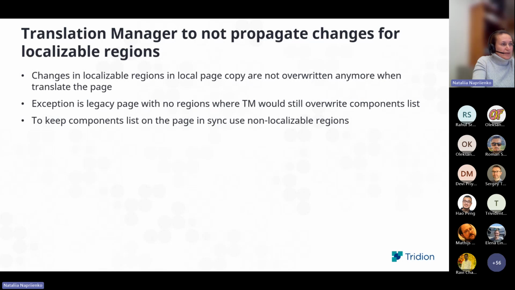If you send such a page for translation, the list will not be changed, so it will not be overwritten with the parent list of items. We made one exception: if it's a legacy page, which is not using any regions, then Translation Manager would still sync the list of components.